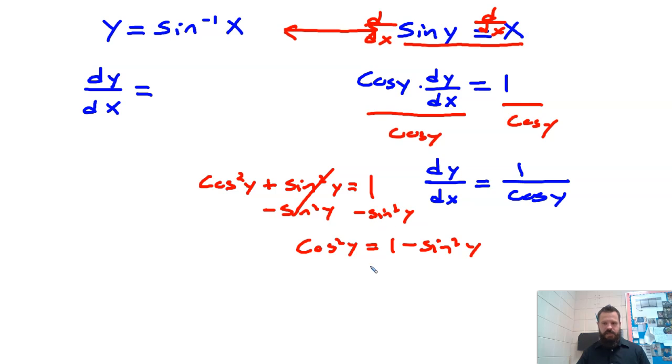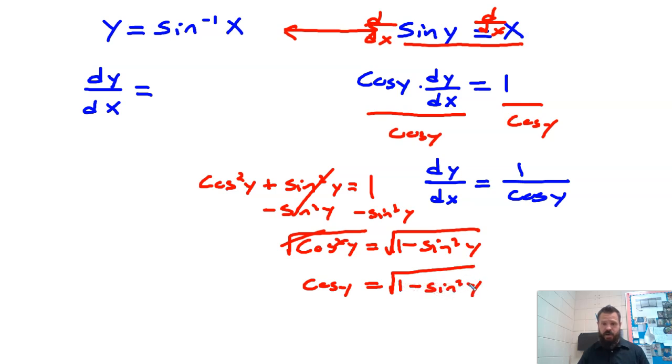And this has turned into a mess. That's okay. I want just the cosine of y, so let's take the square root on both sides. Square root and square cancel, so there's my cosine y is equal to the square root of 1 minus sine squared y.